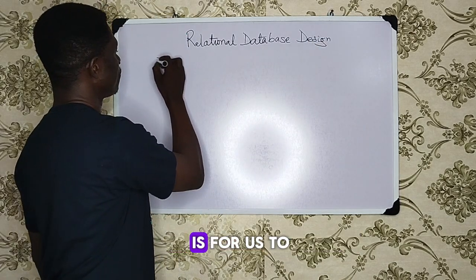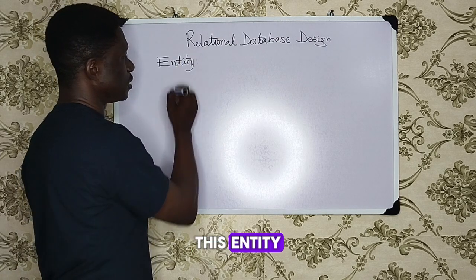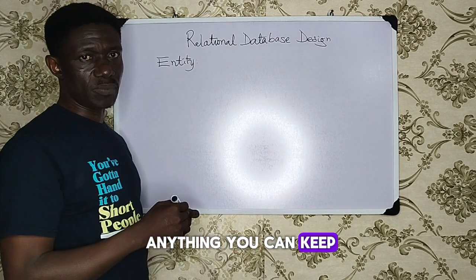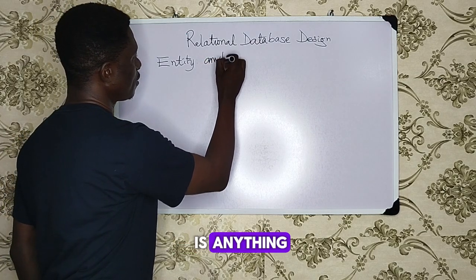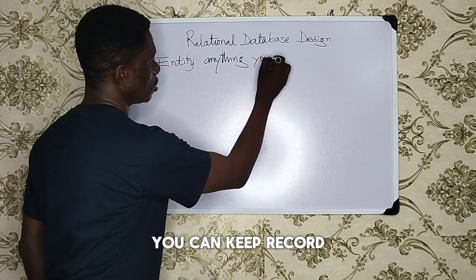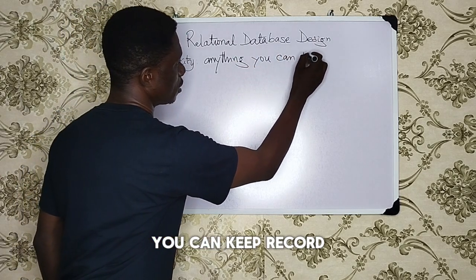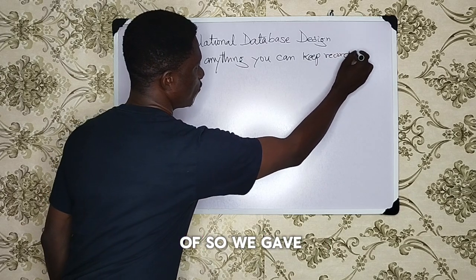So the first thing is for us to take entity. This entity we have said is anything you can keep record of.